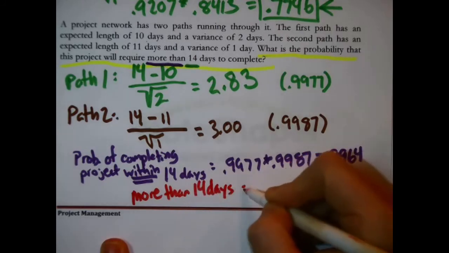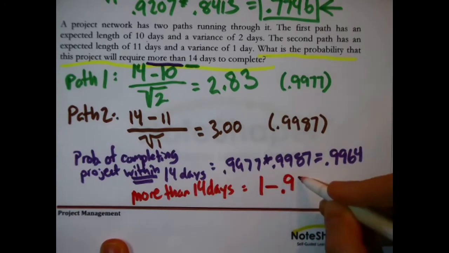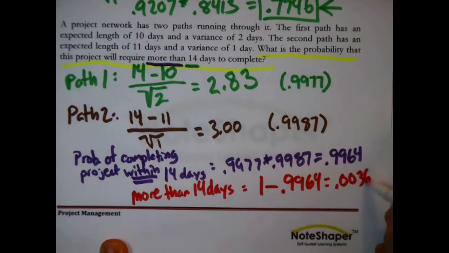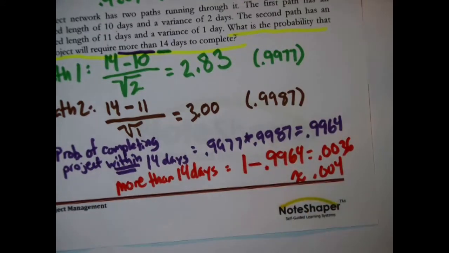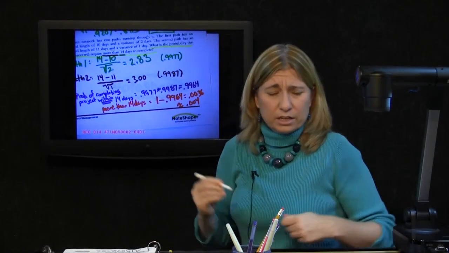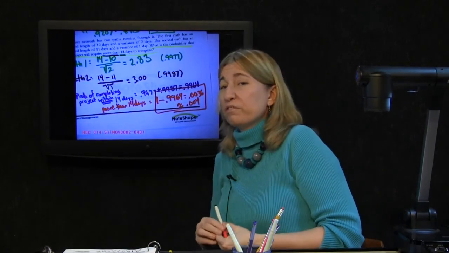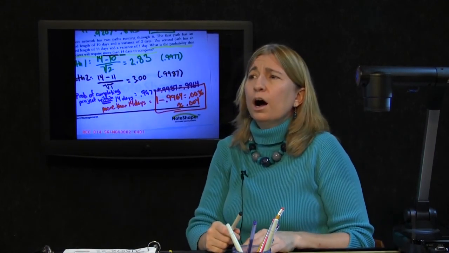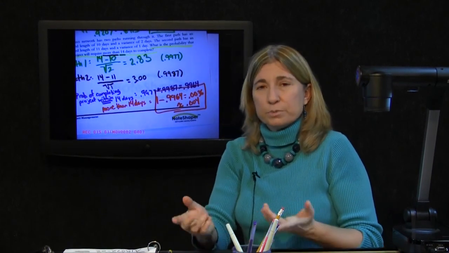It's not going to be a very big probability. It's the opposite. It'll be 1 minus 0.9964, or what is that, like 0.0036? Basically 0.004 if you want to round, or it's less than 1/2 of 1%. The probability this project will take more than 14 days is less than 1/2 of 1%. But that is the answer to the question that was asked in the case of this particular problem.